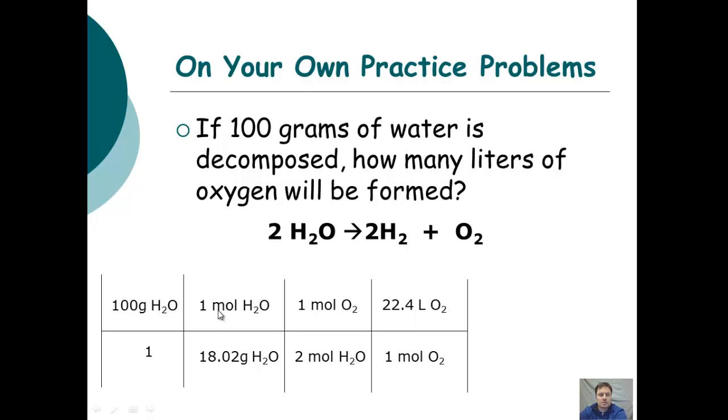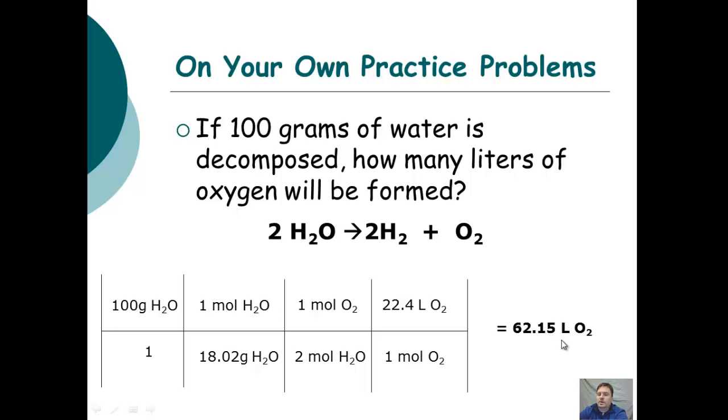I take 100 times 1 times 1 times 22.4 equals on my calculator, divided by 18.02 equals, divided by 2 equals. And that gives me an answer of 62.15 liters of oxygen. Now remember, with your answers, if you don't have your units and you don't have your substance, it's going to be wrong.